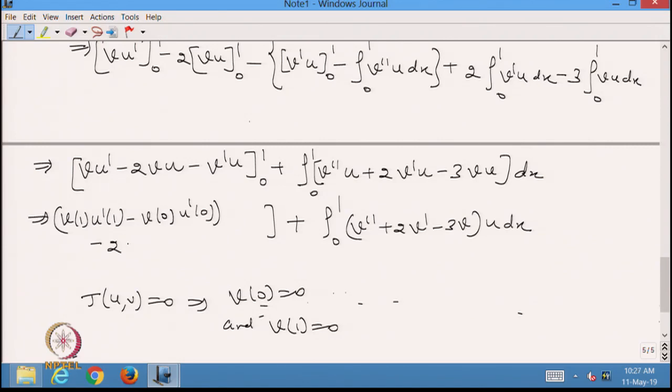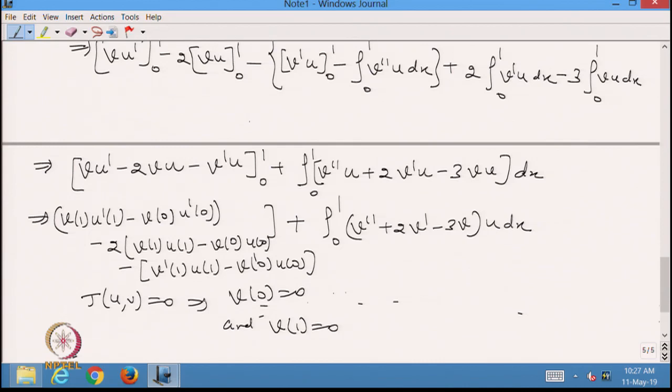Minus 2 times (v1 u1 minus v0 u0), minus (v'1 u1 minus v'0 u0). So, this is what I am getting from here. So, this is my bilinear form.